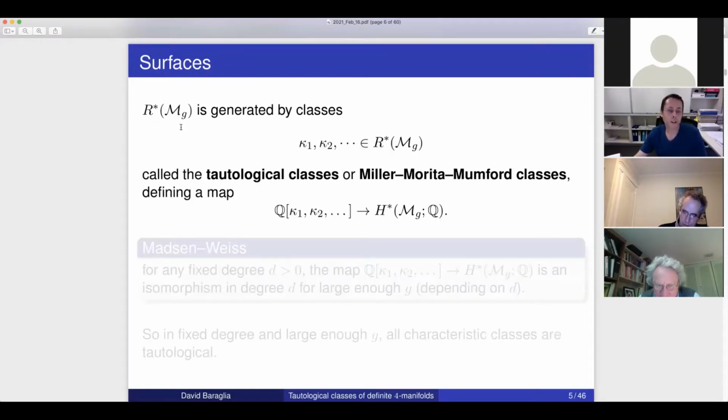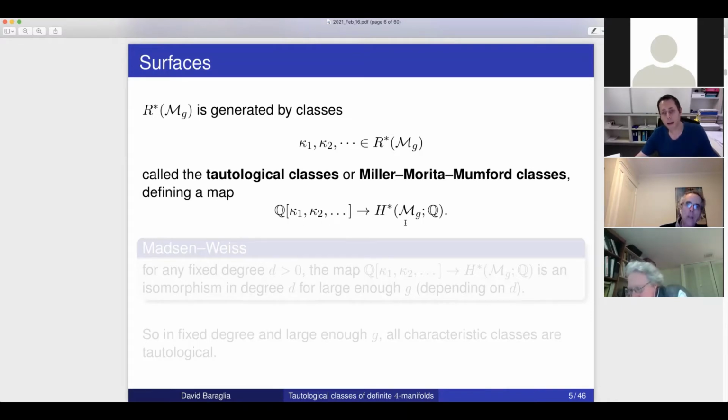This tautological ring is generated by these tautological classes, or Miller-Morita-Mumford classes. I'll give you the general definition in the next slide. The tautological ring is just the ring generated by these classes.